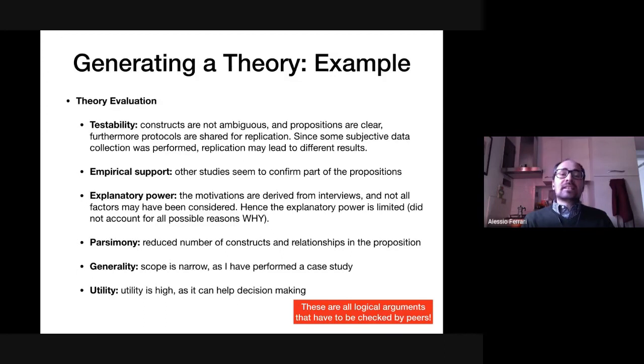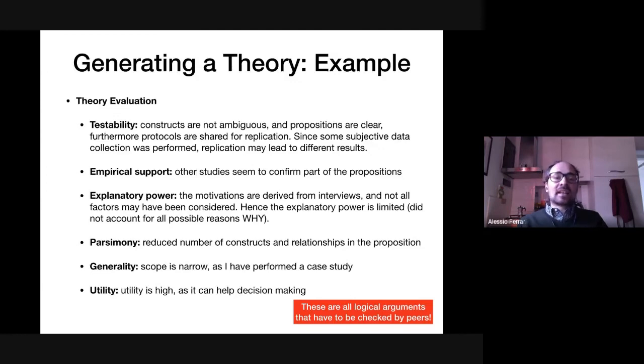Then, still in this example, as I said before, there are these different ways of evaluating a theory. In this case, I assume that I didn't do the theory testing, so I stopped with the inductive stage. So the testability in this case is average, is not so high, because it is true that constructs are well defined and the propositions are clear.